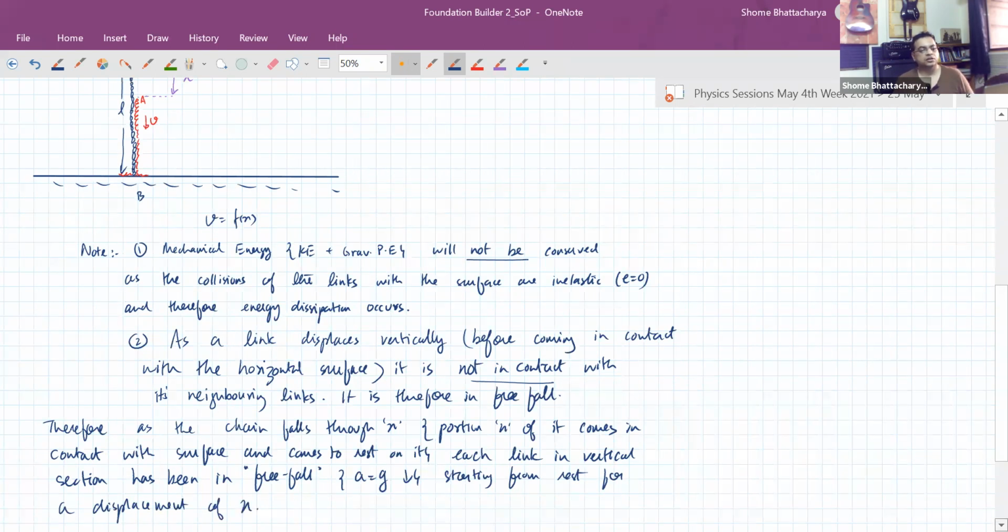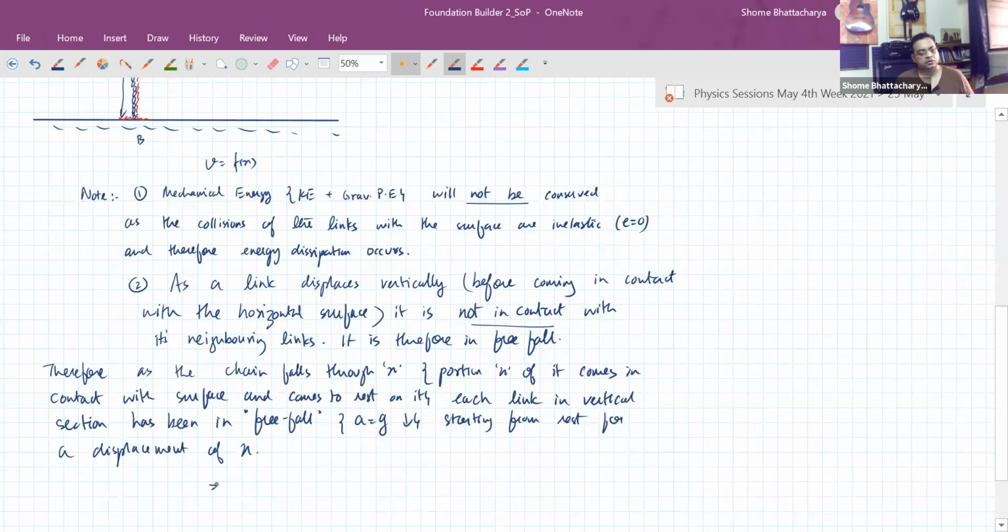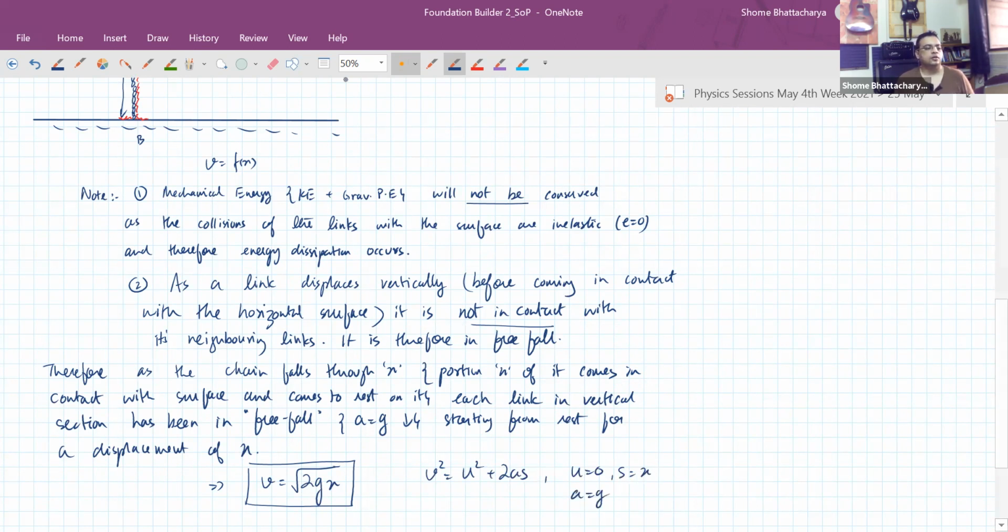Hence, it's very simple to understand that v will be equal to root 2gx, just using kinematics. So this becomes the solution of the first part.